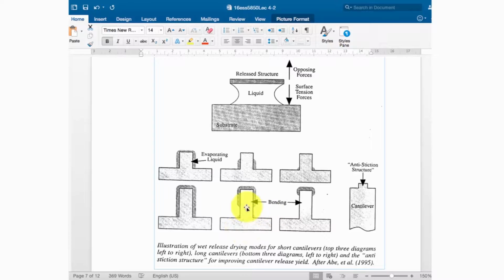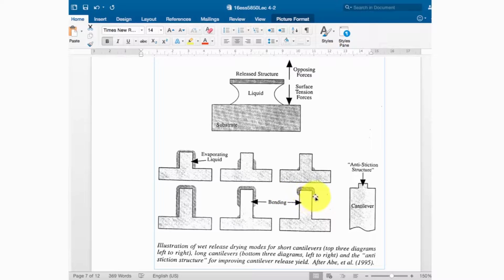That means the other part has a larger space, so the evaporation will be faster. The solution under this part can be carried away easily, and a lot of solution is retained on the tip. As the process goes on, the solution evaporates away, and the tip will be drawn down further by the surface tension and then contact the surface.